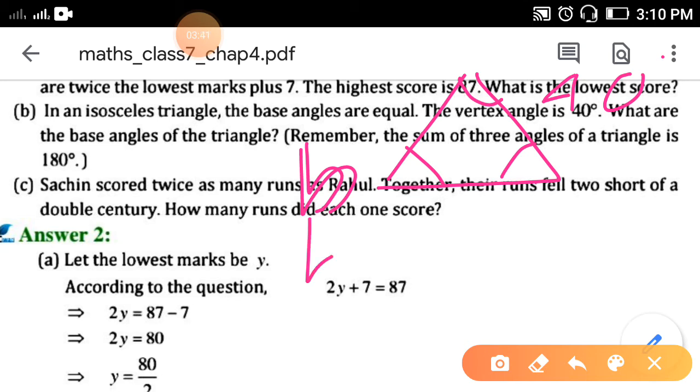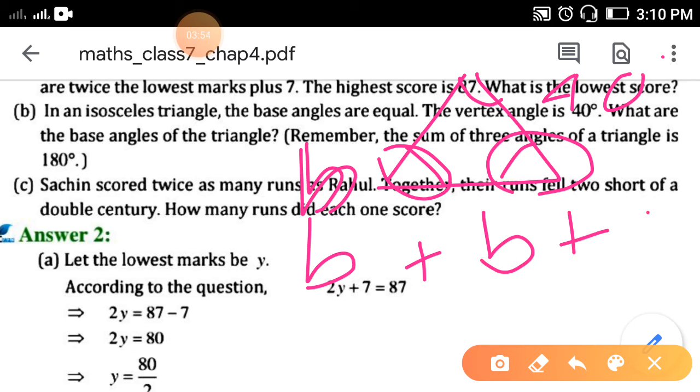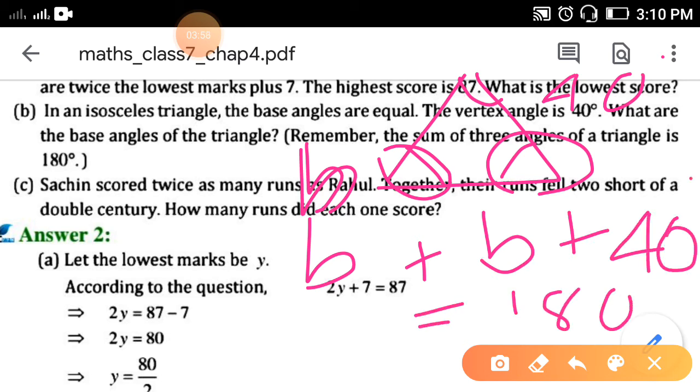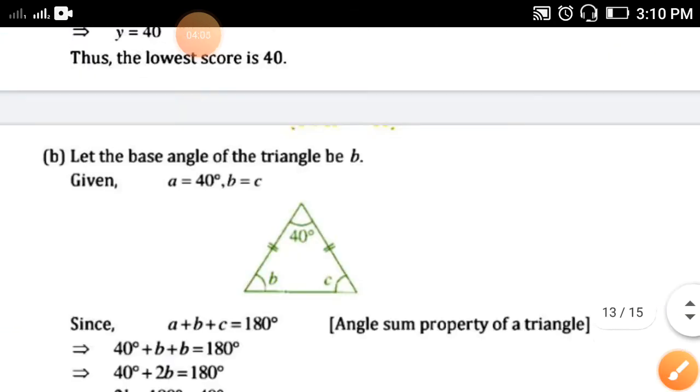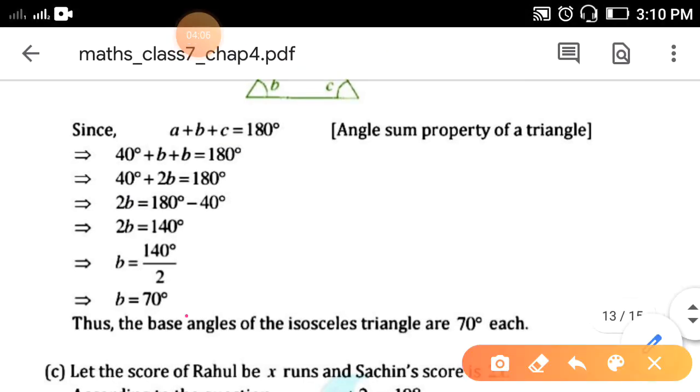So first angle, this one is base, it means B, plus second angle, it is also B, and it is isosceles triangle. So these base angles are same. So here also you can write plus B. Third one, 40 degrees. This sum is 180 degrees. So you have equation B plus B plus 40 is equal to 180 degrees. You solve it. Here it is given. Solve it. So you will get B is equal to 70 degrees.